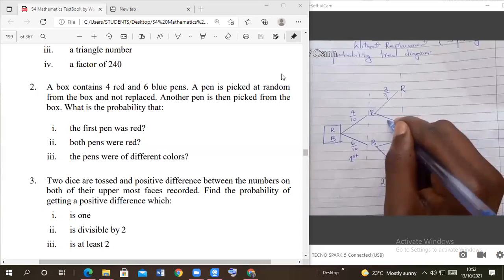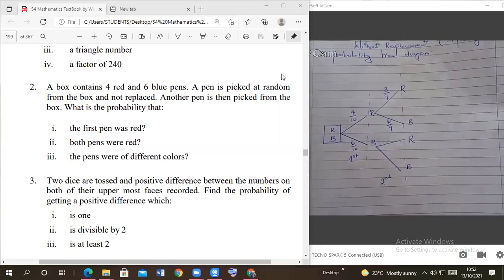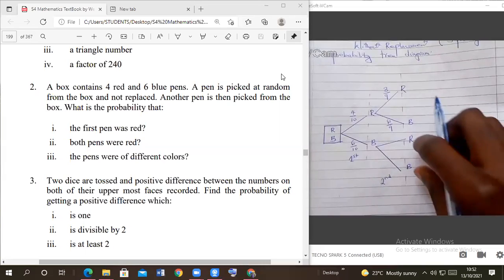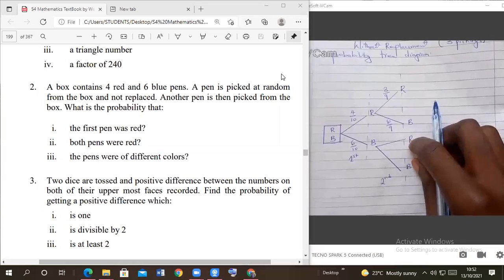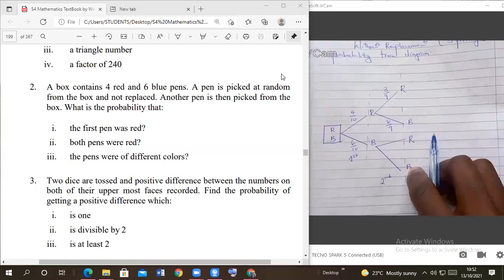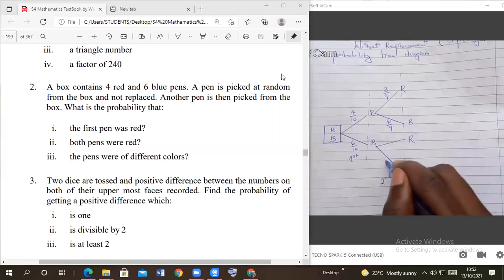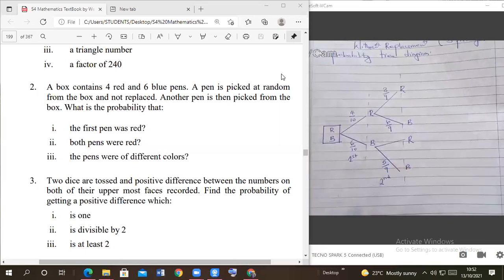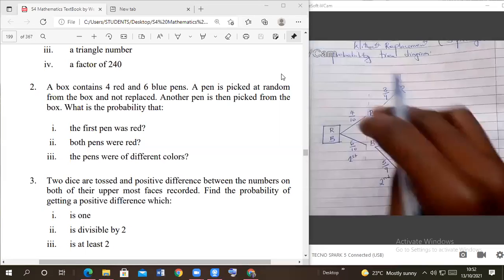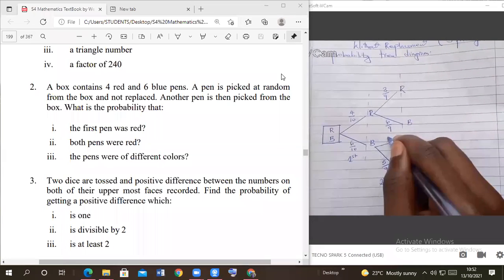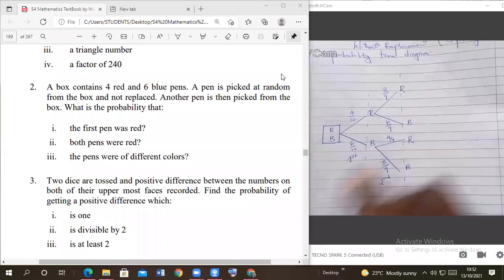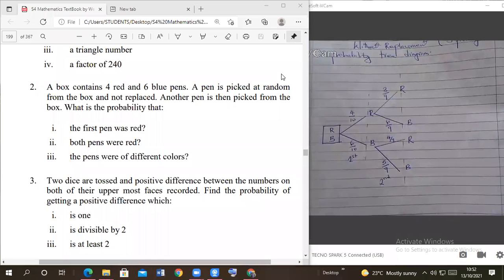Then this one will remain 6 out of 9. Here we assume that we have picked blue, which means blue will reduce to 5 out of 9. I did not pick red, which means red will still remain 4 out of 9.